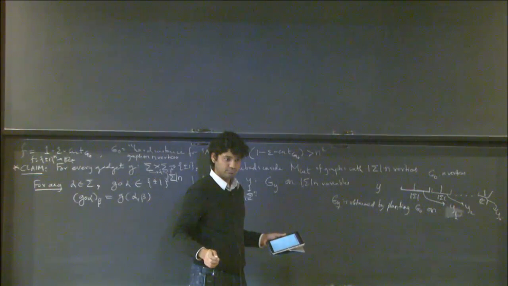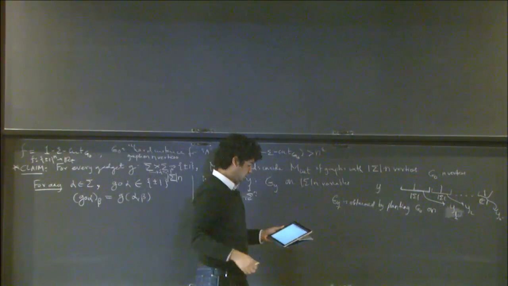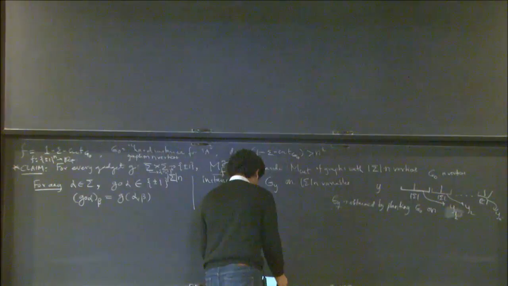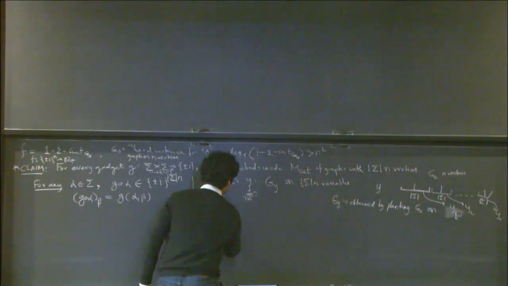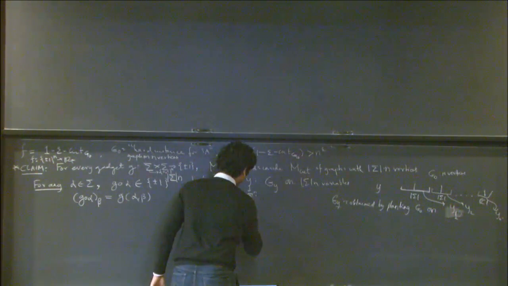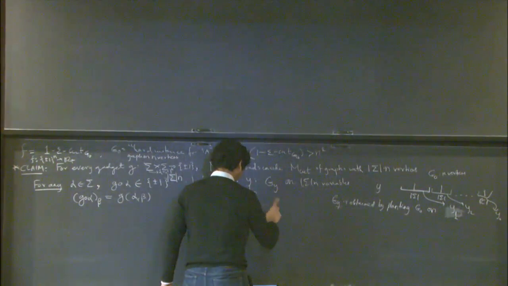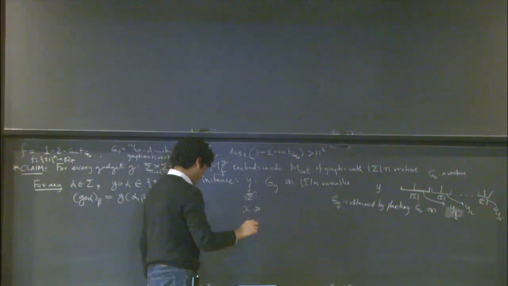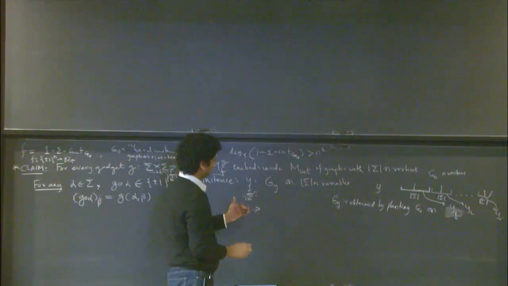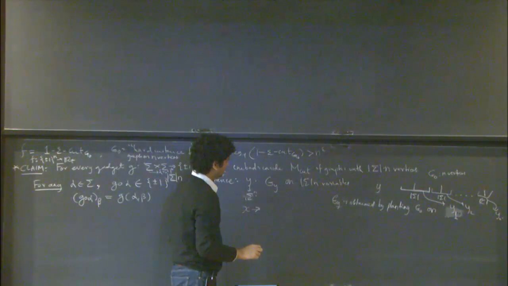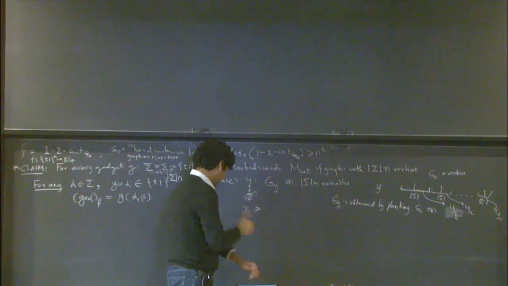Don't you need to tell us the encoding of a row? That's what I said before. So for x, I will use... No, x should then index a cut, right? Yes, x should index a cut.